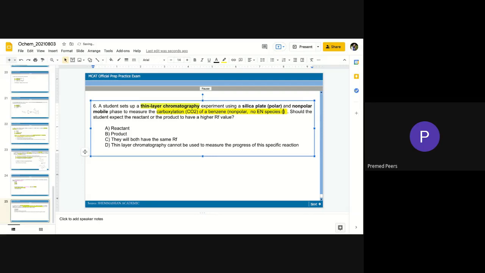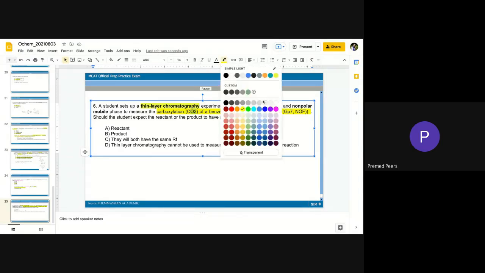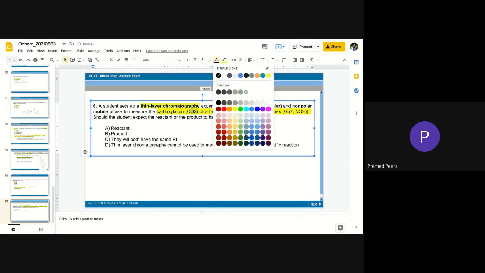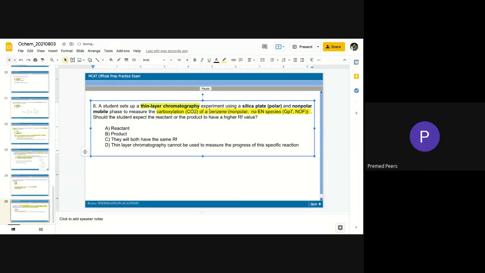Electronegative species meaning like N, O, F, yeah, NOF. So when you're adding oxygen towards something that only has carbon and hydrogen, that means it's very, very nonpolar. That is going to make it slightly more polar.